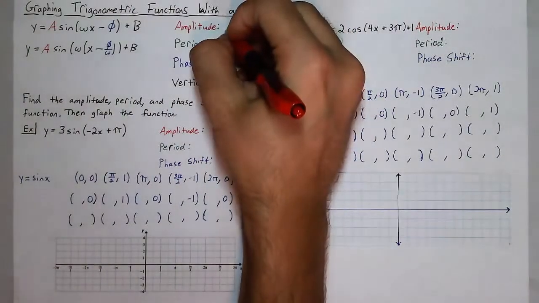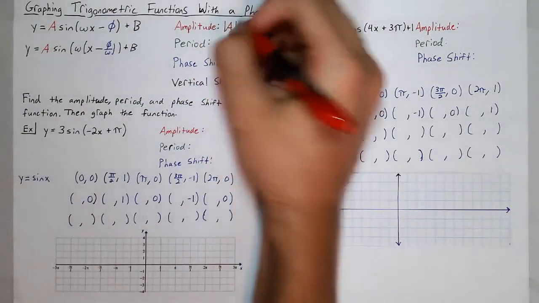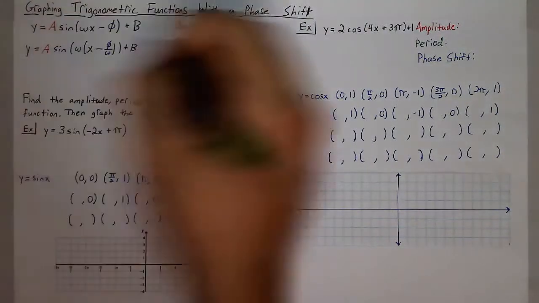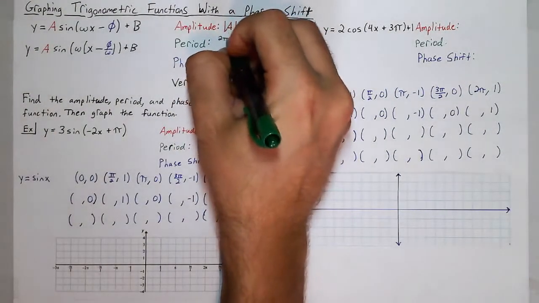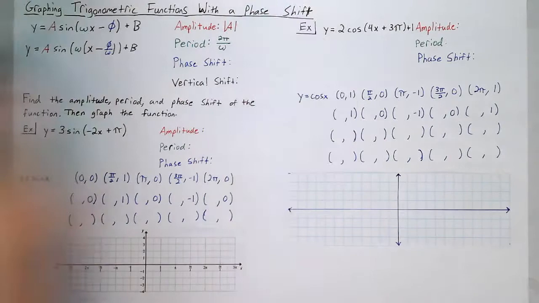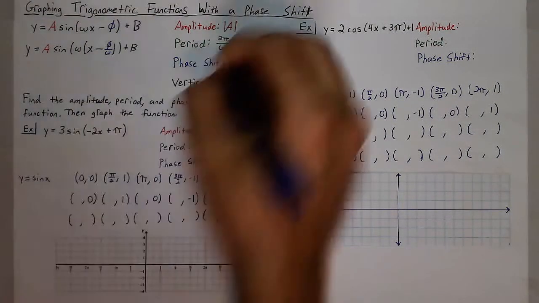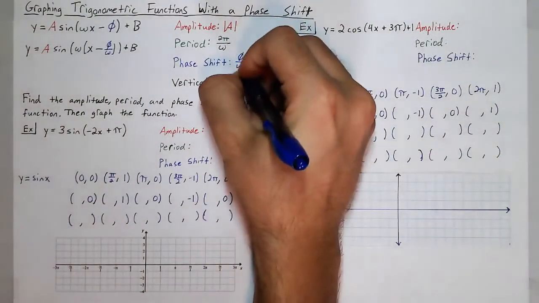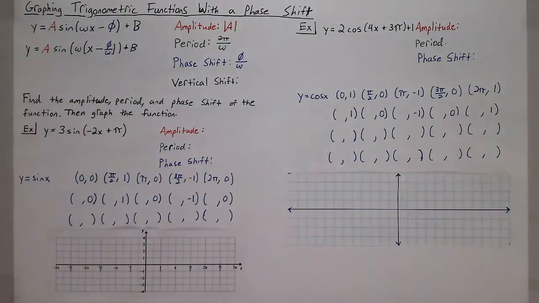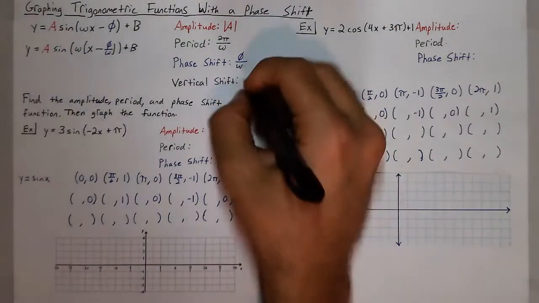Amplitude being the absolute value of a, the period being 2 pi divided by omega, the phase shift being phi divided by omega, and the vertical shift just being that b value at the end.